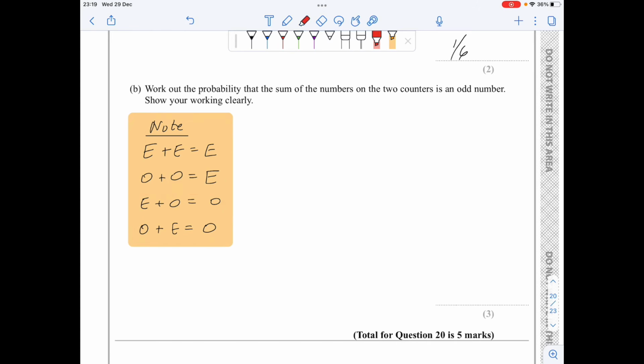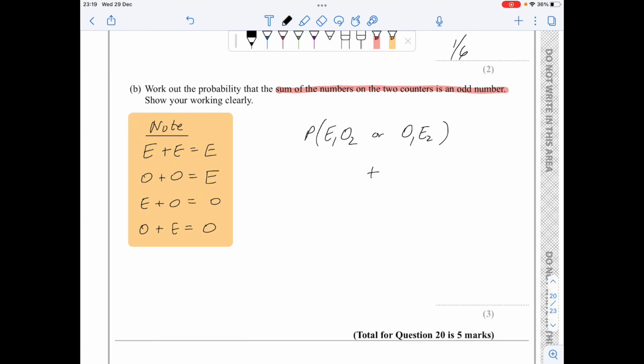In our case, we want the probability that the sum is an odd number, so I want probability the first one is an even and the second one is an odd one, or the first one is odd and the second one is even. Note in probabilities, when you have an or, you translate this one as addition.